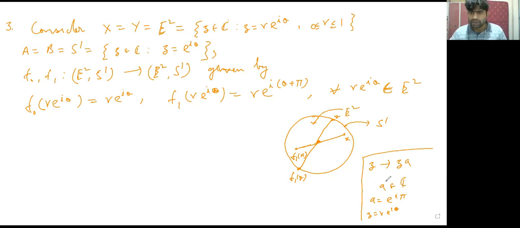This kind of map Z going to ZA, where A is a fixed complex number, is a continuous function from C to C. So basically, it maps E2 to E2 itself.